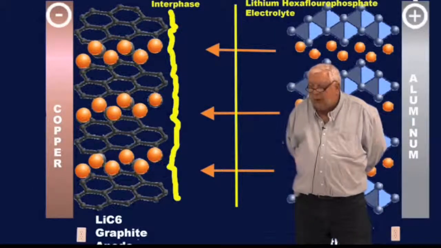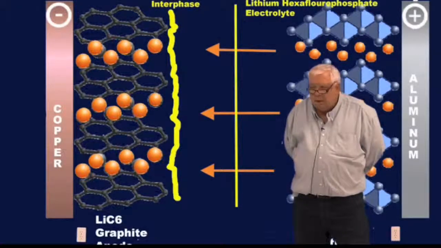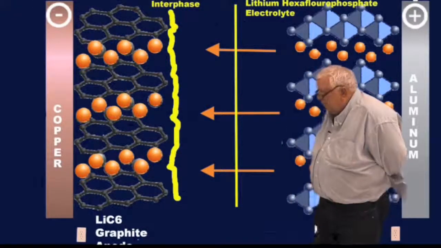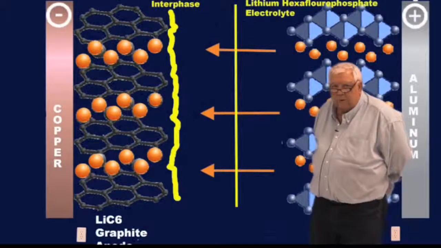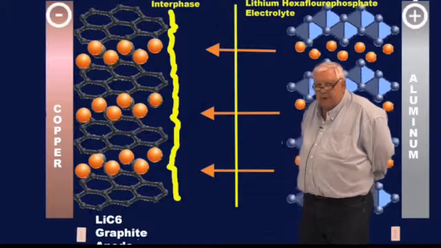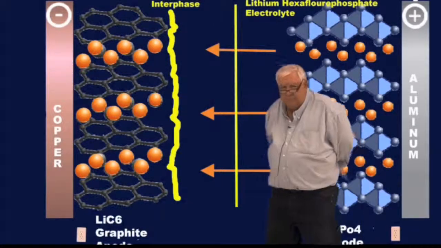We build up lithium ions in the anode in fairly large numbers. Lithium ions, as we've established, react with the solvents in the electrolyte.